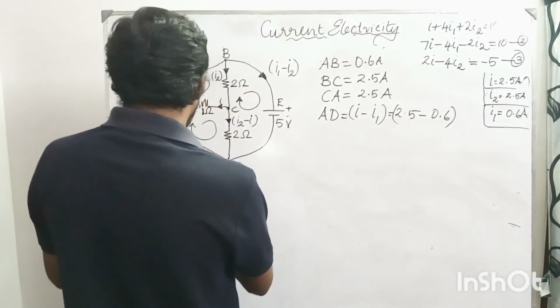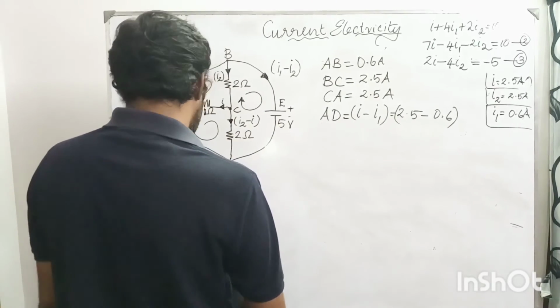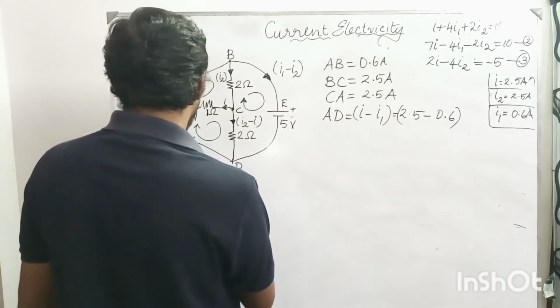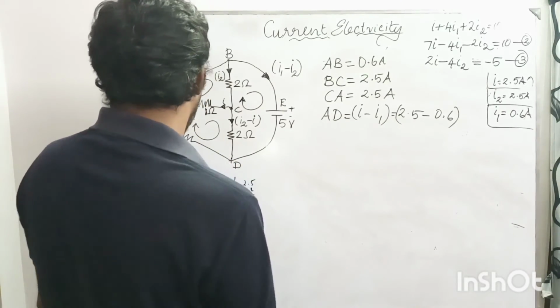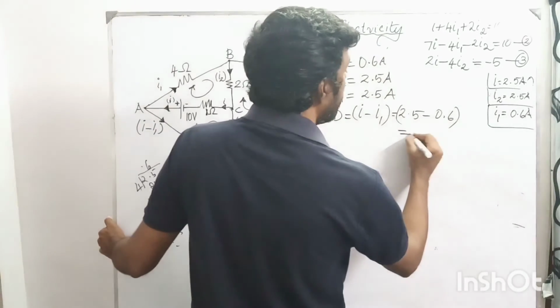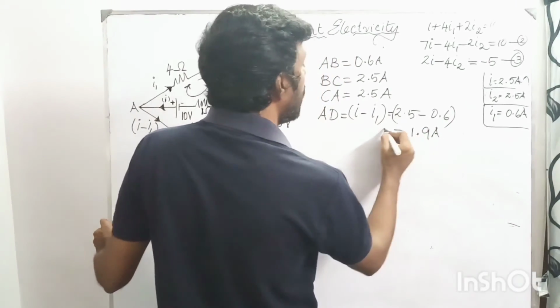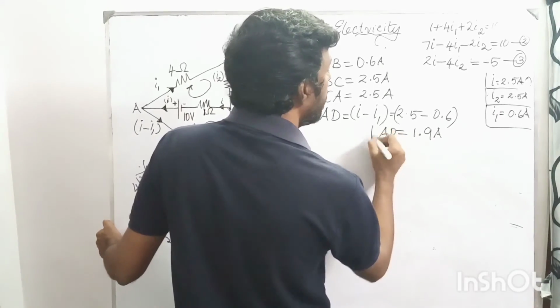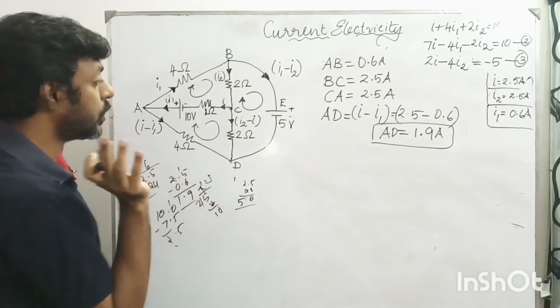So 2.5 minus 0.6 will be 1.9 ampere. So the current that is flowing through AD is nothing but 1.9 ampere.